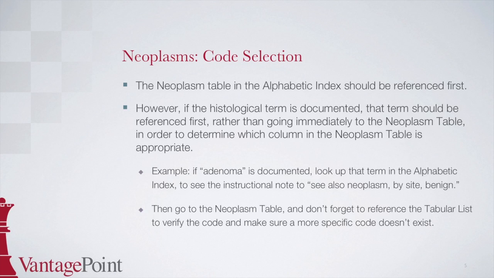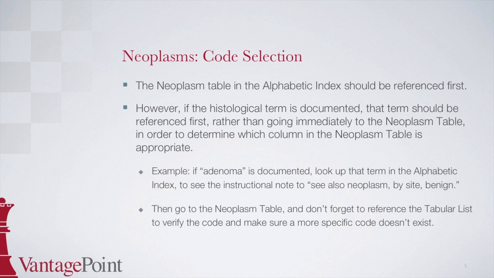For coding neoplasms, you are generally going to start with the neoplasm table. This is unless the histological term is documented, in which case you're going to look up this term in the alphabetic index. For example, if adenoma is documented, you would find that term in the alphabetic index. There is then an instructional note which states, "See also neoplasm by site benign."